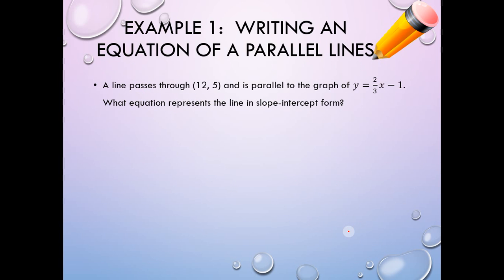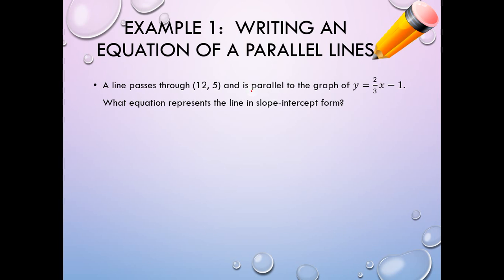So let's take a look at our very first example here. You're going to want to write an equation of a parallel line. So they have a line that passes through (12, 5) and is parallel to the graph y = 2/3 x - 1. What we're going to want to do is first figure out what kind of slope my new line is going to have.